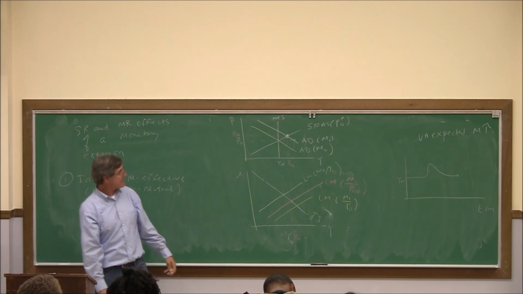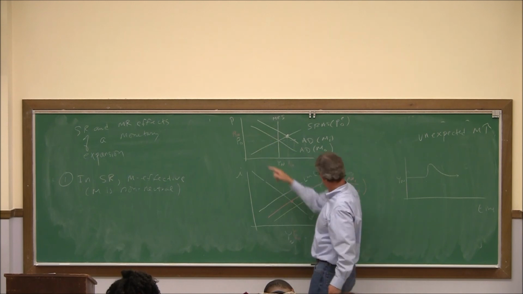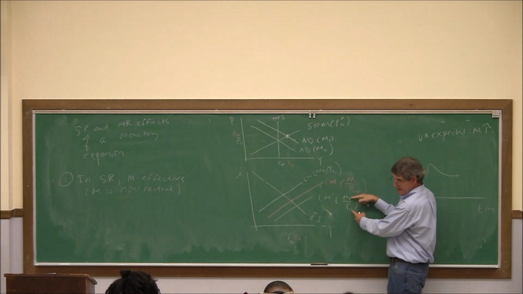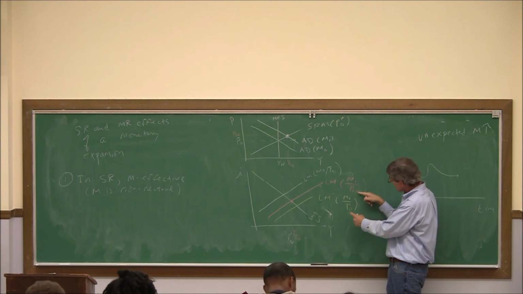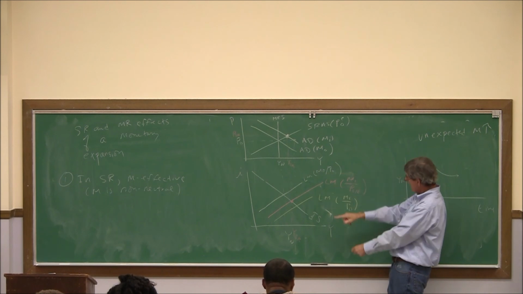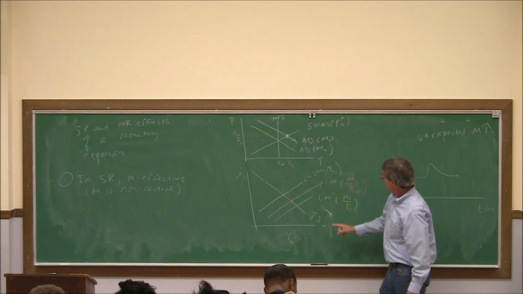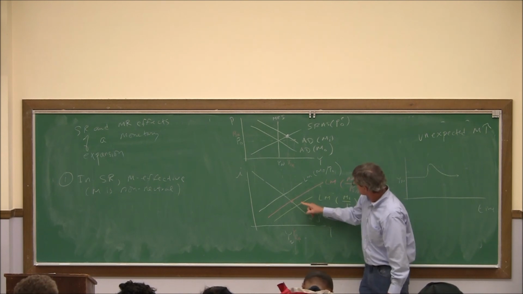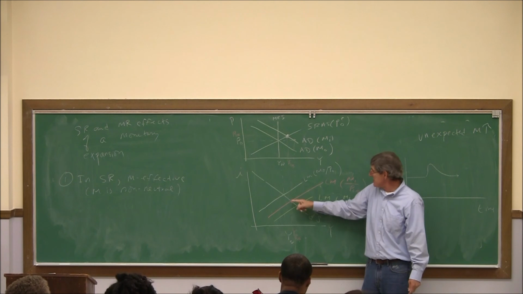Back, yes, because the price went up from P0 to PSR. So relative to M1 over P0, M1 over PSR is smaller, because PSR is bigger than P0, as you can see. This LM curve was just to help us draw the thing. This is where you end up.